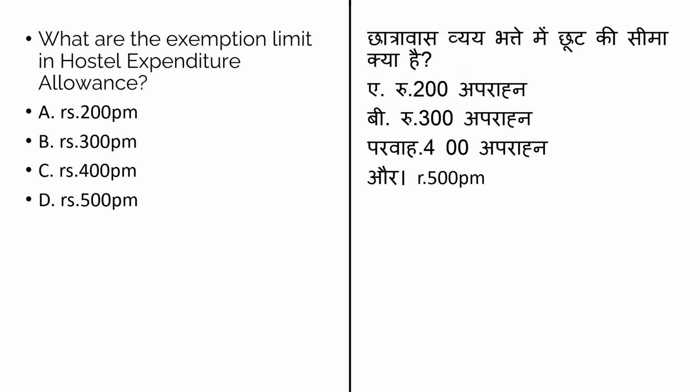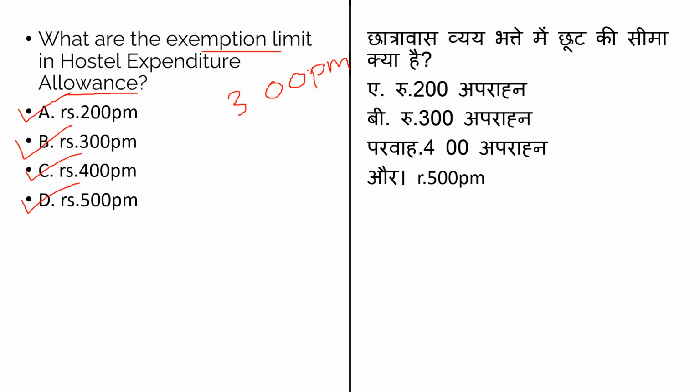During my previous lecture, I asked you one question, and the question was, what is the exemption limit in hostel expenditure allowance? The options given were 200 per month, 300 per month, 400 per month and 500 per month. Any allowance granted to an employee to meet the hostel expenditure of his child will be completely exempted from income tax up to 300 per month.